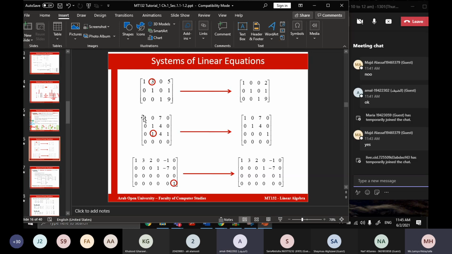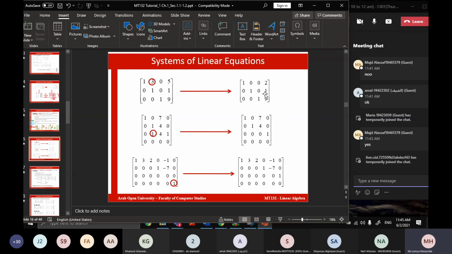Okay? You got it? You look for the leading one and then check its column. So it's not in the echelon form. We're going to do some steps to reach there.